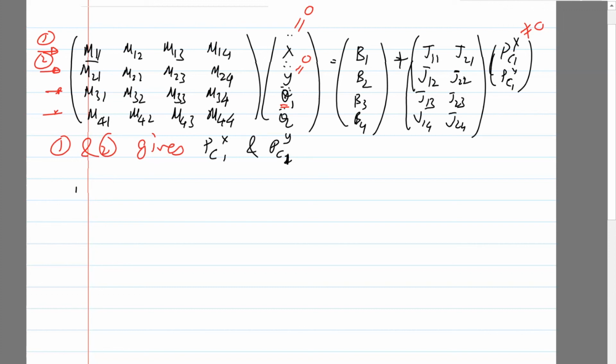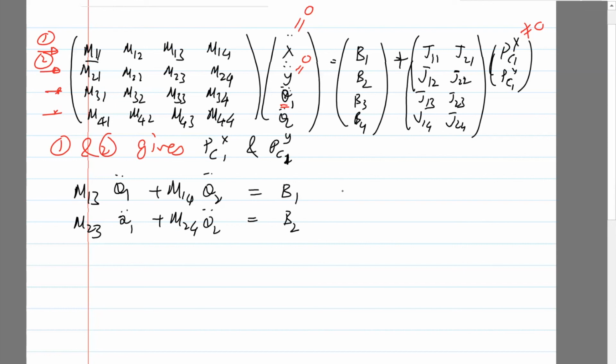So if you write it down, since M11 is going to multiply with 0, those drop out, and we're left with M13 theta 1 double dot plus M14 theta 2 double dot equals P1, and M23 theta 1 double dot plus M24 theta 2 double dot equals P2, plus J11 and J12 times PC1X, plus J22 PC1Y.